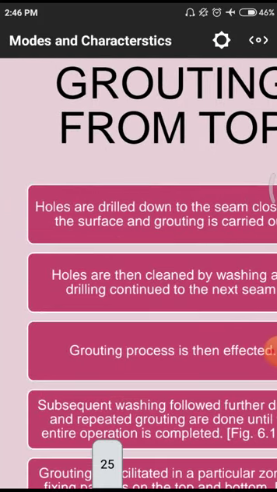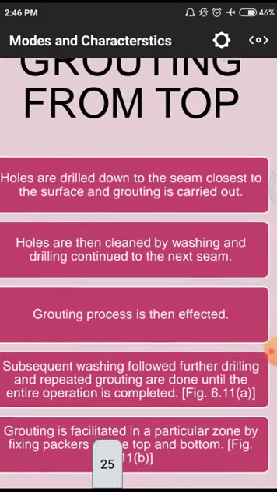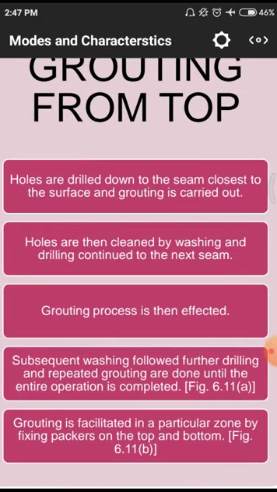On the other hand, we are having grouting from top. In this particular case, the holes are drilled down to the seam closest to the surface and grouting is carried out. Holes are then cleaned by washing and drilling continued to the next seam. And the third one is the grout process is then affected.